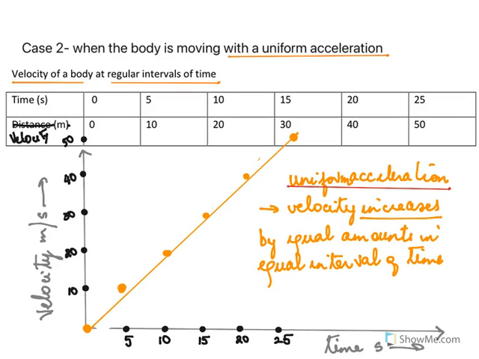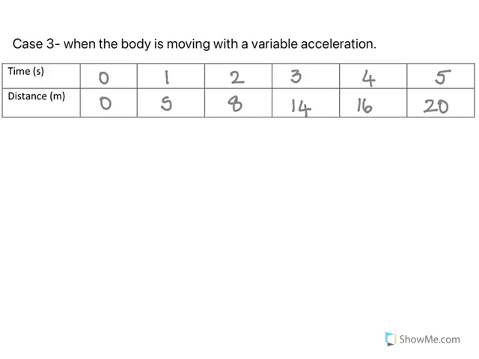Here the velocity time graph is a straight line for uniform acceleration. Velocity increases uniformly, by equal amounts in equal intervals of time.